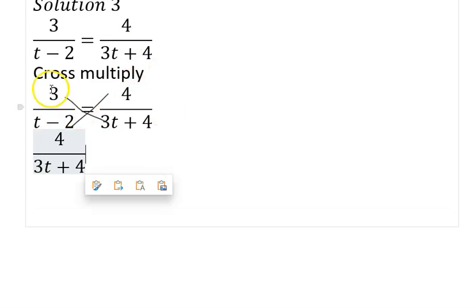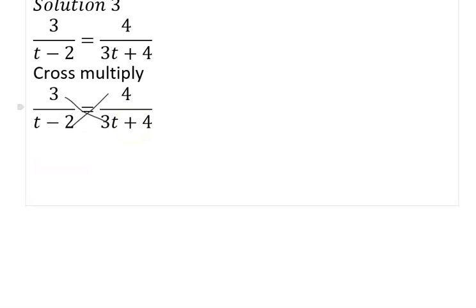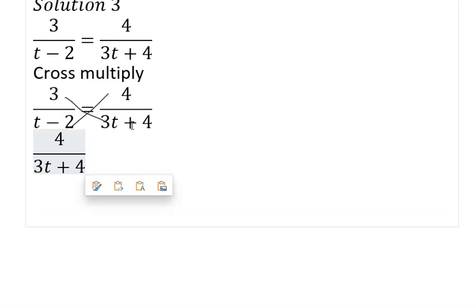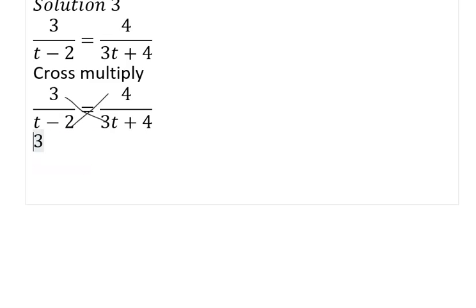So since we are multiplying 3 and what we have here, 3 times all we have here, 3t plus 4. 3 times 3t plus 4.